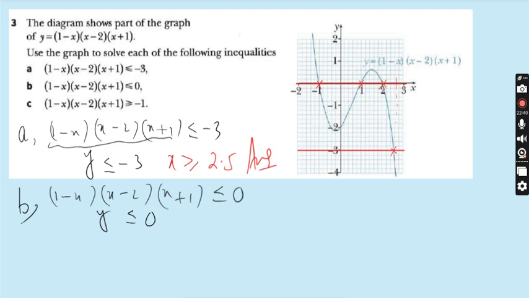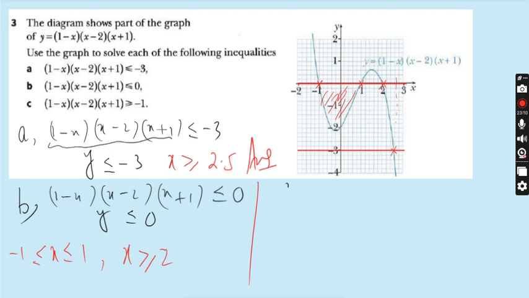The first portion is x greater than or equal to minus 1 and less than or equal to 1, and the second portion is greater than 2. Obviously a number greater than 2 is greater than 1. So the answer is x greater than or equal to 2.